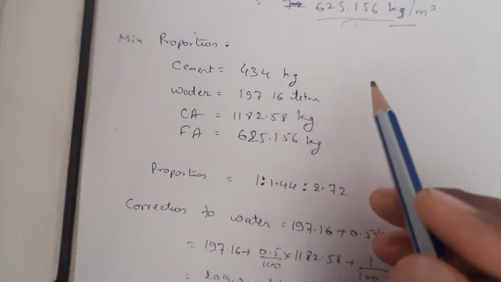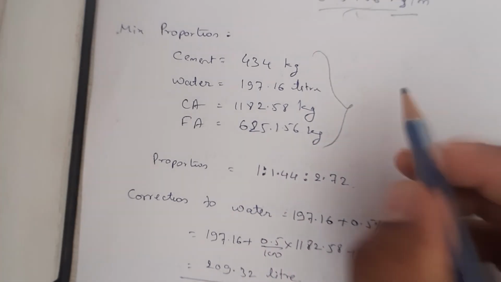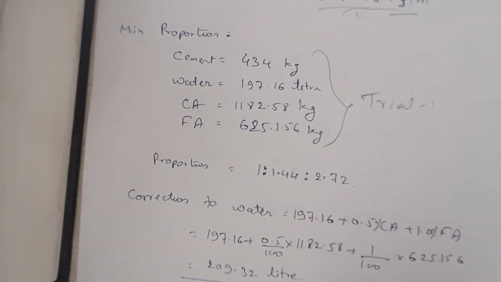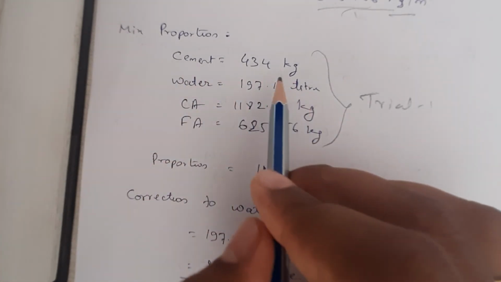So here we have written all the values. We can consider this as trial 1.